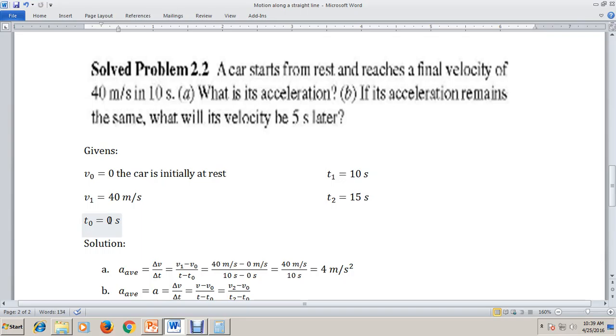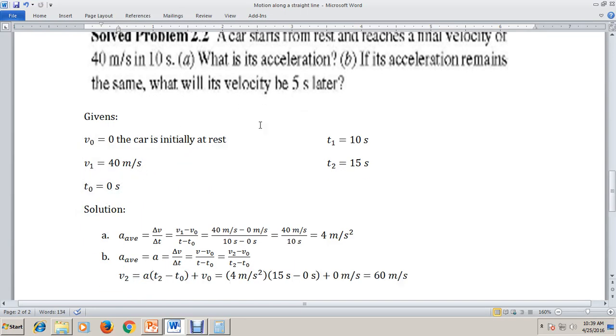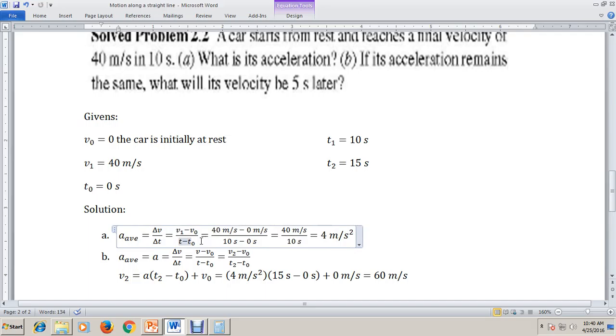Okay, so let's go through the computation. First is, what is its acceleration? The acceleration is the average acceleration, which is delta v over delta t. So that is v sub 1 minus v sub 0 over t sub 1 minus t sub 0.